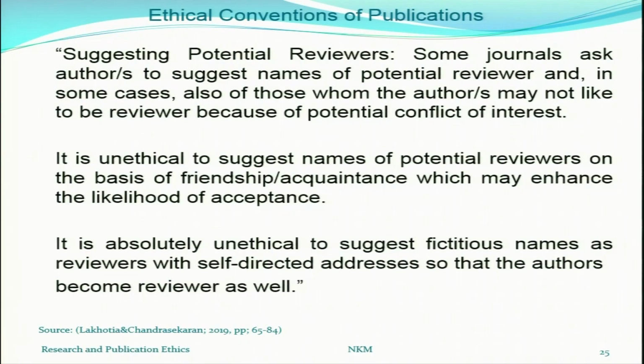Further, we have to understand one important convention in terms of suggesting potential reviewers. When an author suggests potential reviewers, first of all, he or she should not suggest any friend or acquaintance, because that is going to make the process biased, and the author may have more chances of the paper being published. So the author must maintain this ethic when suggesting reviewers.